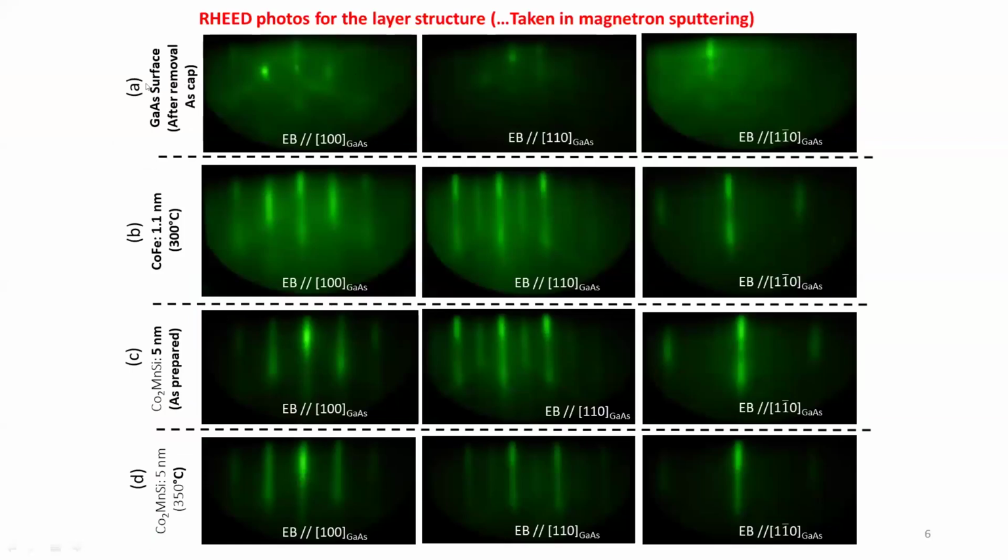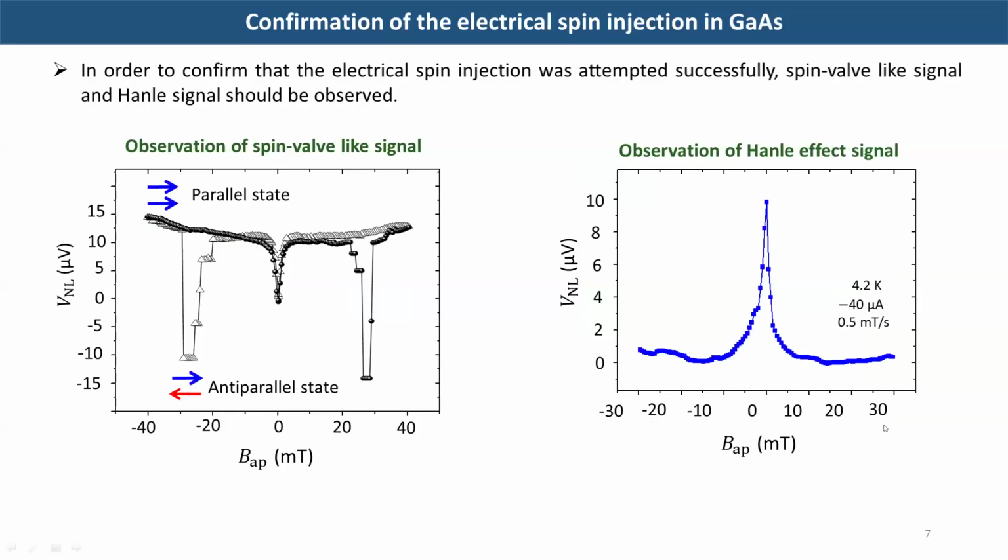I'm sharing with you here the surface of gallium arsenide just after removing the arsenic cap before the deposition of cobalt iron. And as you can see here, through all of the gallium arsenide substrate directions, we can get a very clear streak pattern.